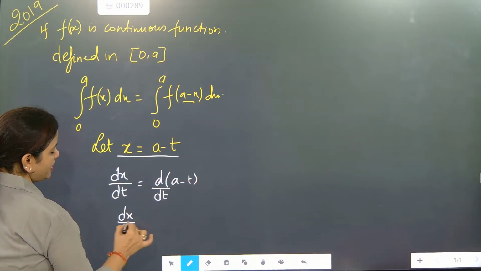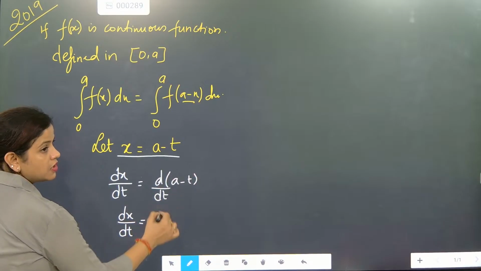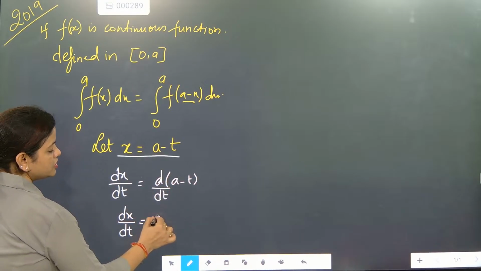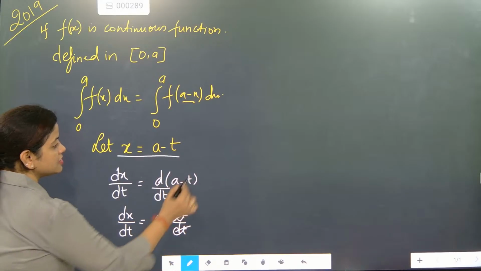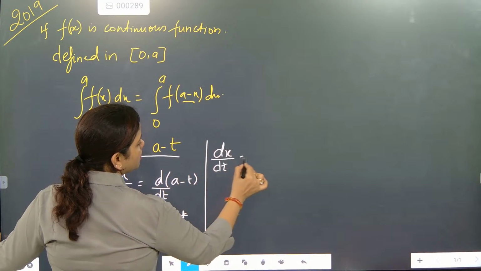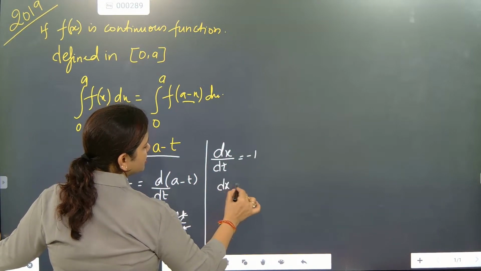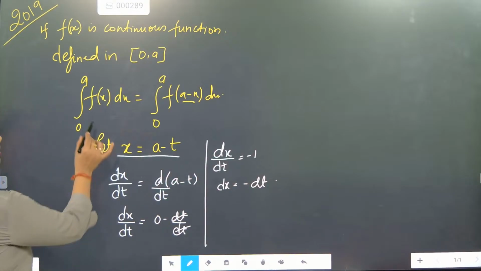See Rohit, very nicely, this part will become 0, and the differentiation of minus t with respect to t gives minus 1. So dx by dt is equal to minus 1, so dx is equal to minus dt. Done. Now beta, what is the lower limit?